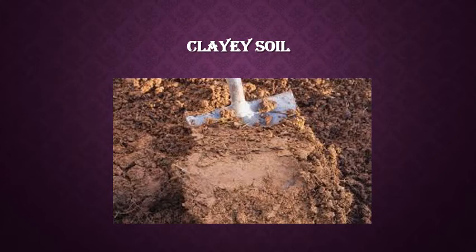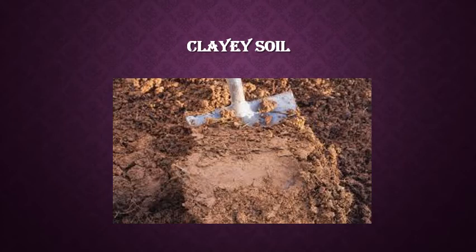Clay soil is only good for rice, not for other plants. The clay that we get from the soil is used to make earthen vessels and bricks. Because it has very high water holding capacity, it has very little air, which is not good enough for the plant's roots.